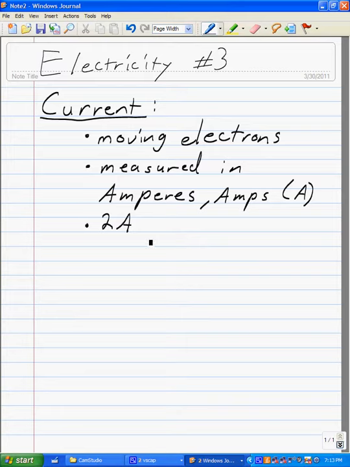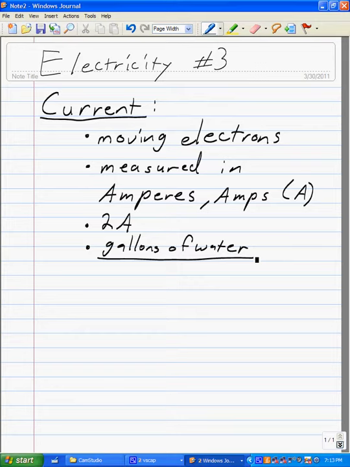An ampere is kind of like, when we're talking about that water analogy, the gallons of water that are moving through the hose. So it's the actual amount of electrons moving through. I'm sorry, it's really the rate at which those gallons move through. So it's like gallons of water per second. When we put something over top of something, that's a way of saying per.